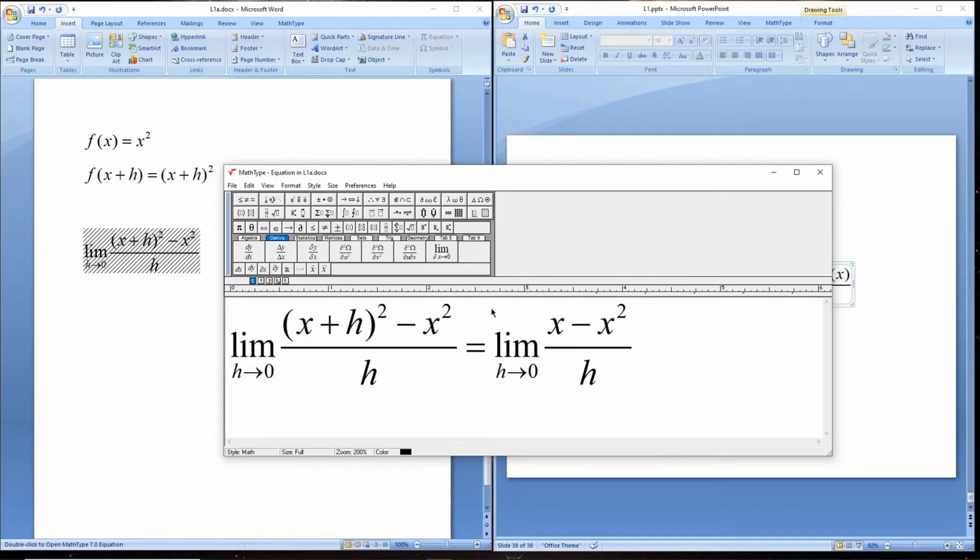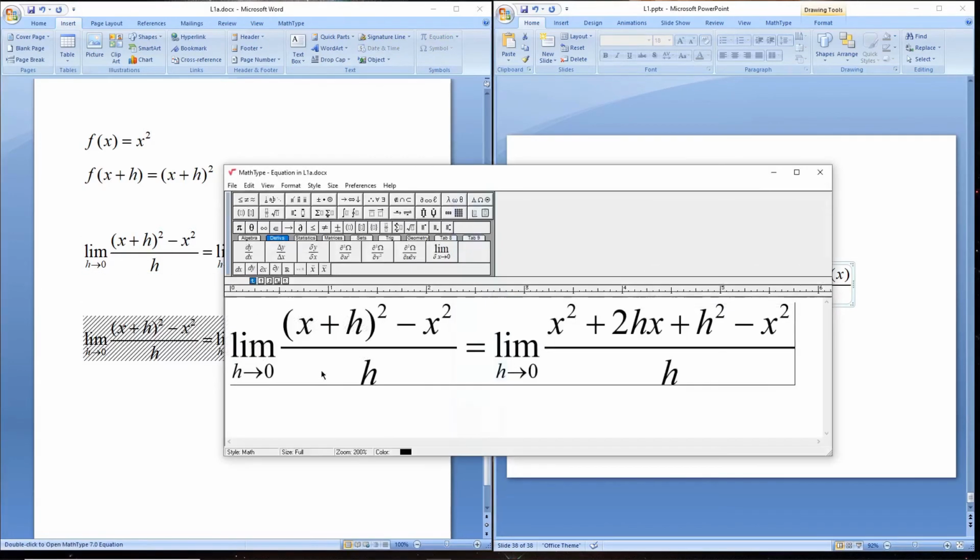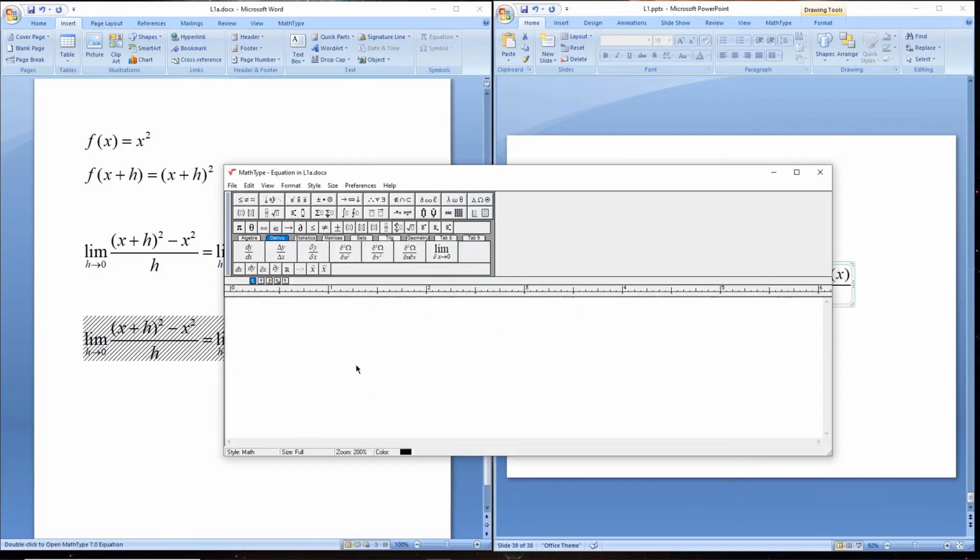And so that would give us x squared plus 2hx plus h squared. So I just distributed this out, FOIL. And we'll get that. And why'd we do that? Well, because now we can gather like terms and hope things simplify.